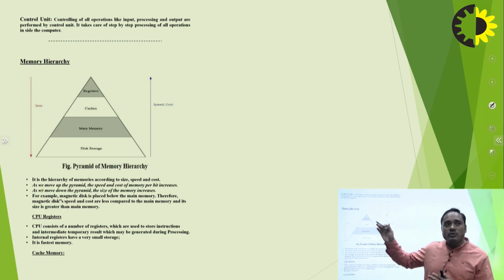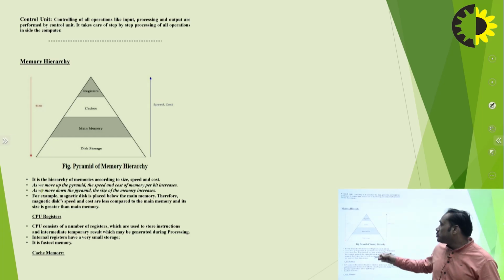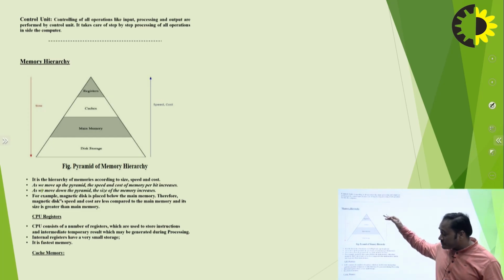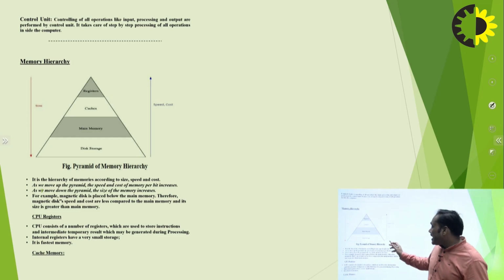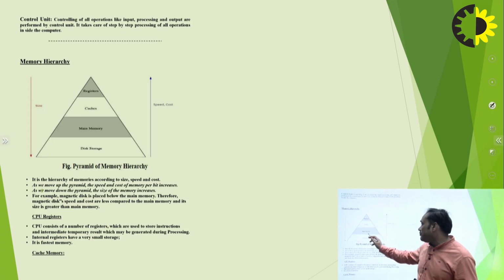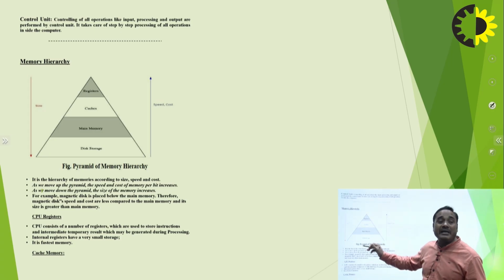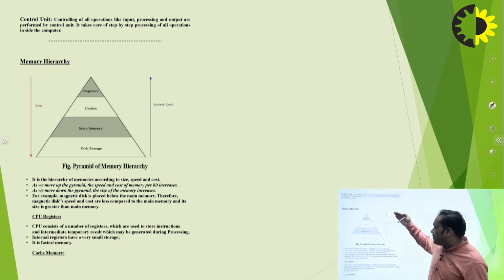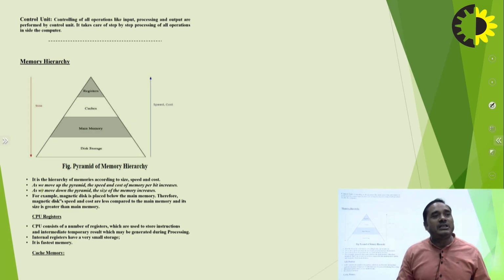Register is the smallest device, which stores the data in the form of bits only. But if you move to the bottom level, the size of the storage devices is very large, in the form of disks like magnetic tape or magnetic disk. If you move from bottom to top, you decrease the size of the data but increase the speed and cost.